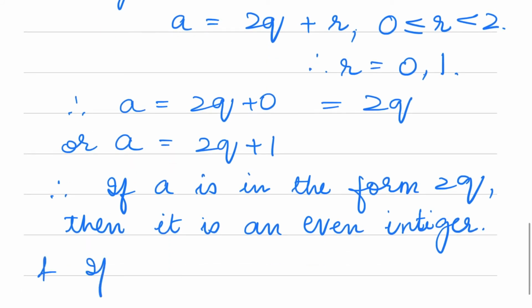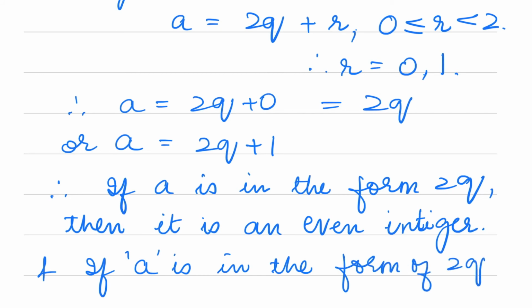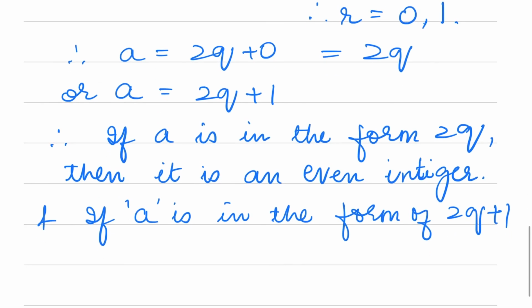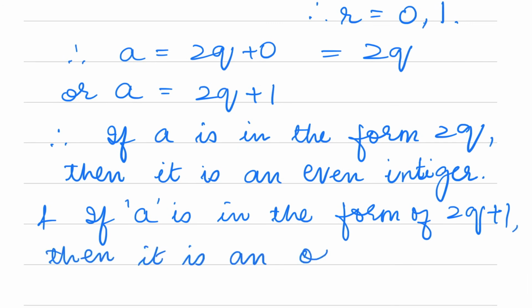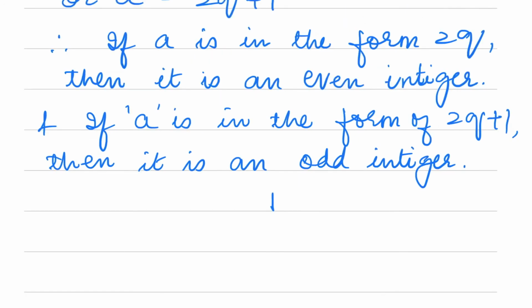And if a is in the form of 2q plus 1, so even number plus 1, then it is an odd integer. Hence shown.